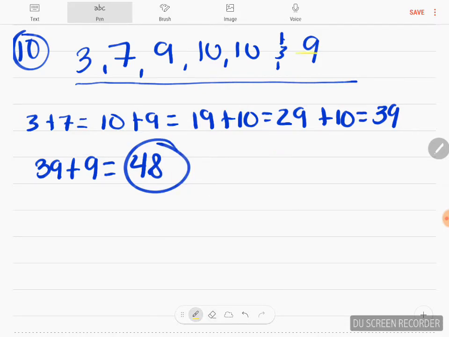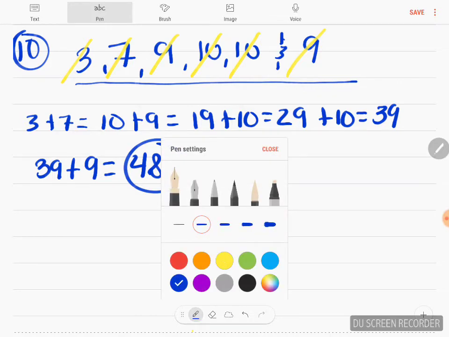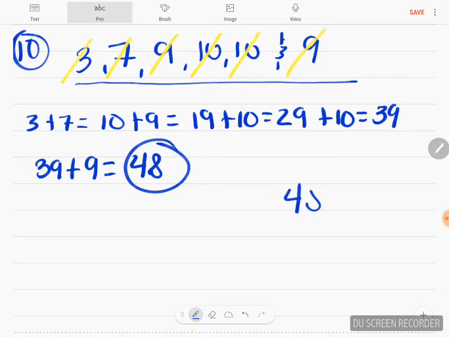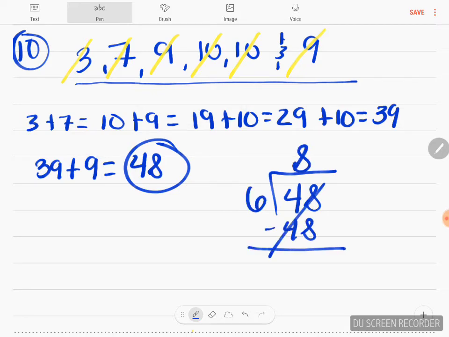Let's count together. 1, 2, 3, 4, 5, 6. We have 6 numbers. So we need to take 48 divided by 6, which is 8. So the average is 8.